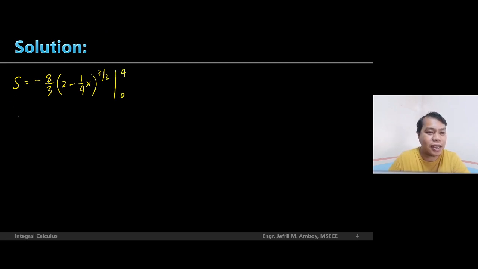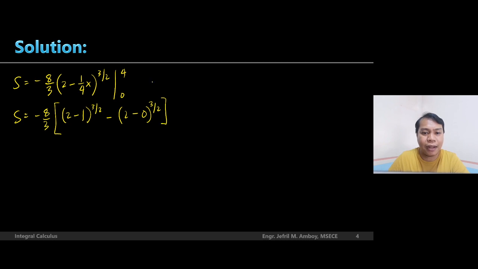Okay? So, isa-isahin natin. Para sa mga undergrad to, negative 8 over 3 times, so we have 2 minus 1/4 times 4 is 1, right? 1/4 times x, which is 4, is 1 raised to 3/2, minus 2 minus 1/4 times 0 is 0, raised to 3 halves, and then parentheses.